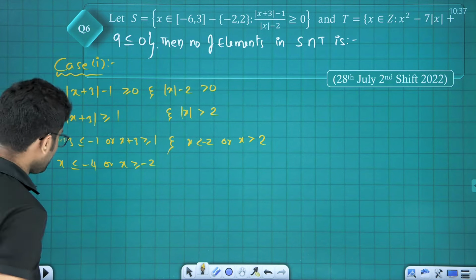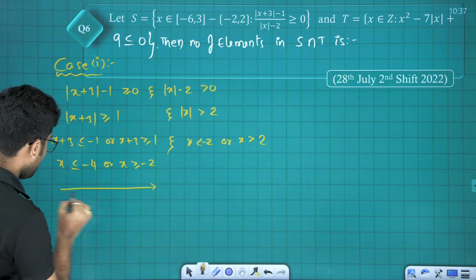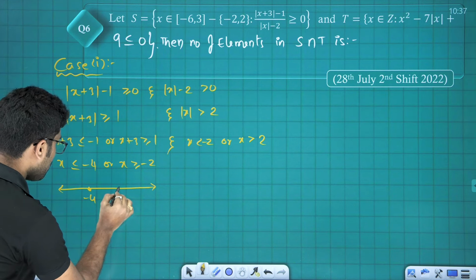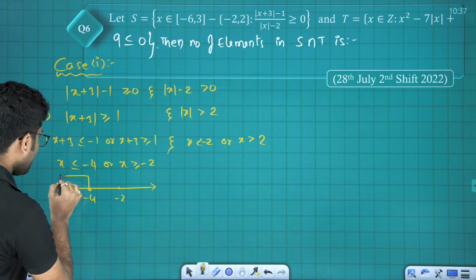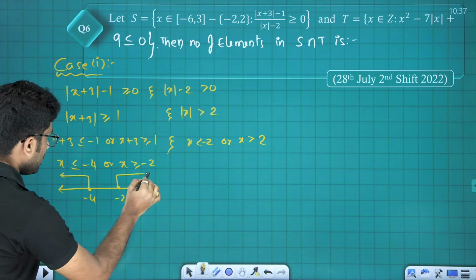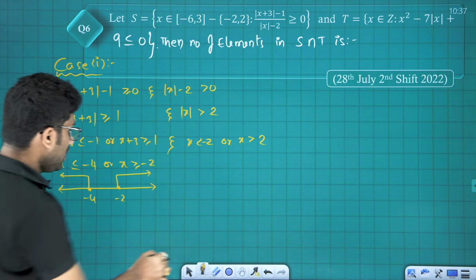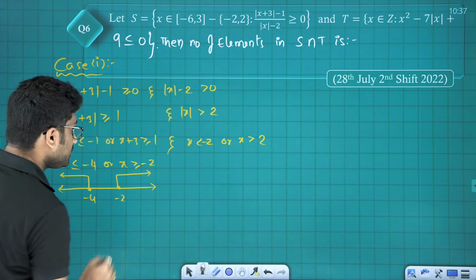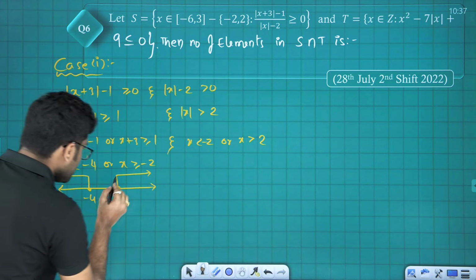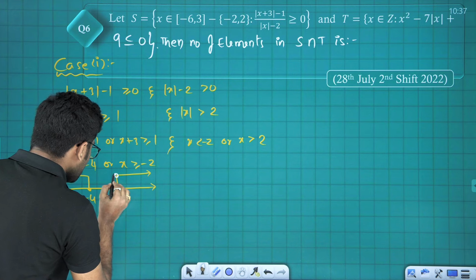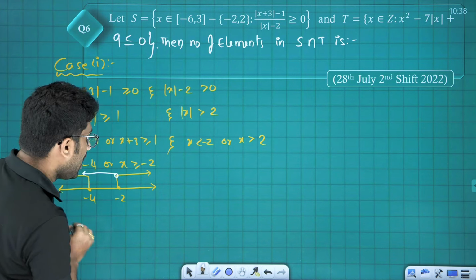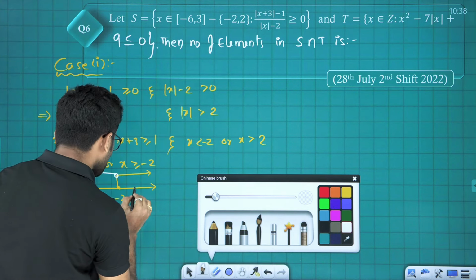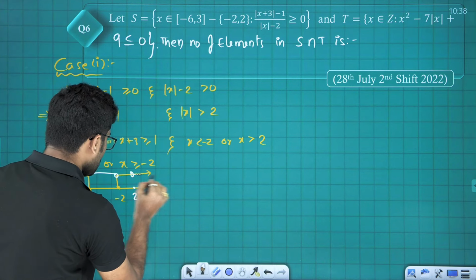So actually see this, friends. First I'll take the number line for this. Minus 4, minus 2: greater than this one, less than this, greater than this. Okay, and what about this one? Let me take this as x less than minus 2 and greater than 2, open brackets, and somewhere greater than 2, this is also open brackets.